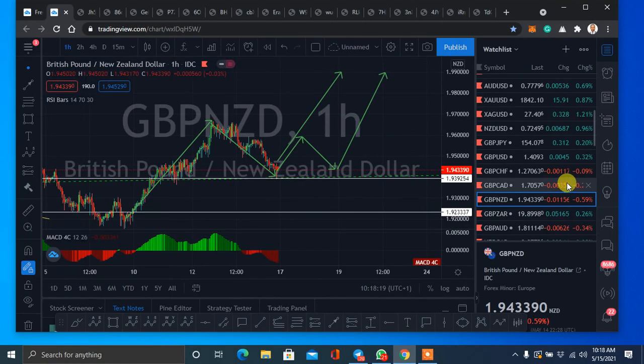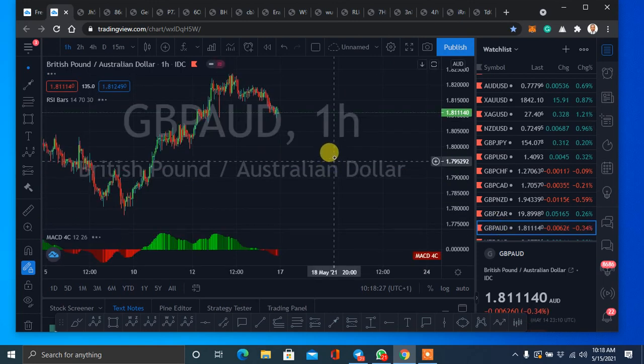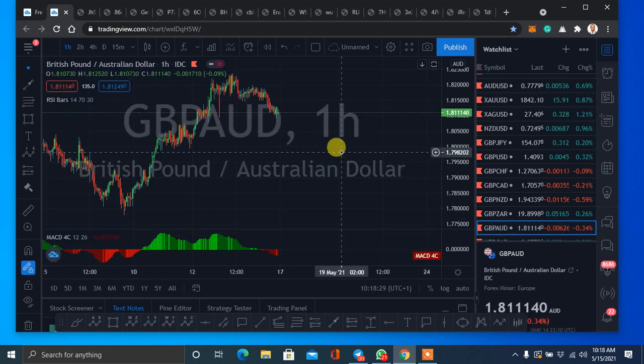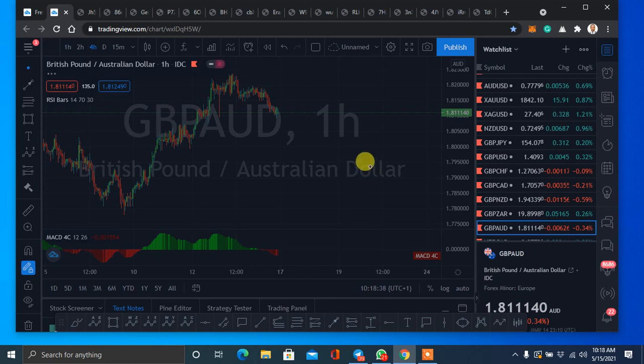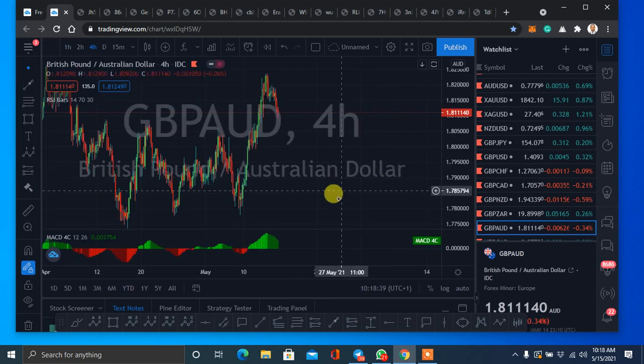Which other pair do we have to check? Pound USD, no need. Don't trade it for now. Pound AUD. Pound AUD is also a buying.